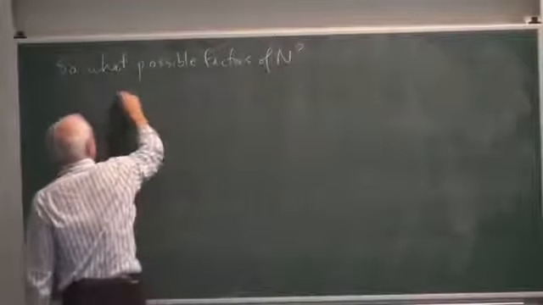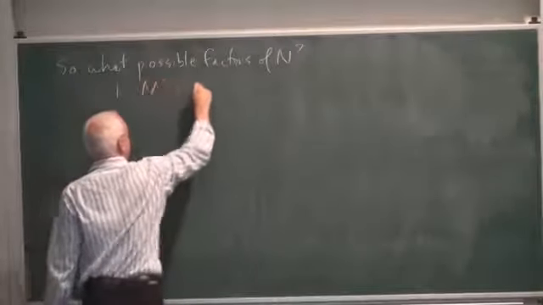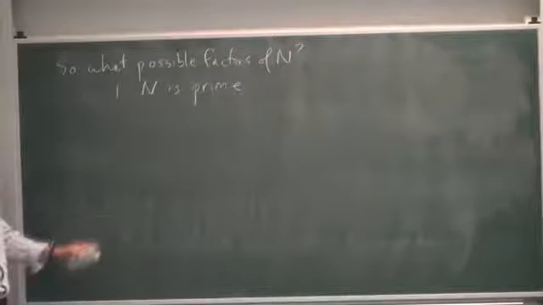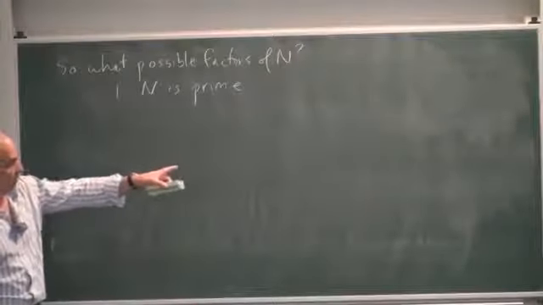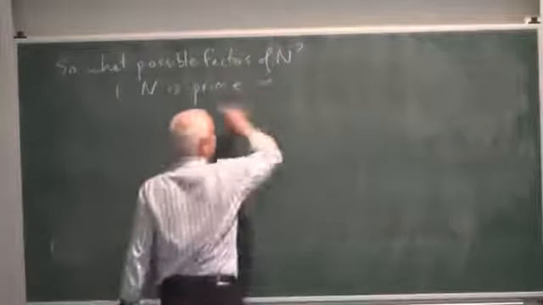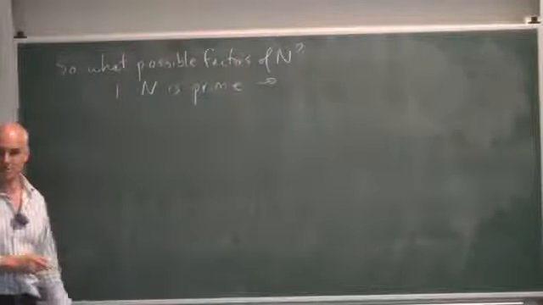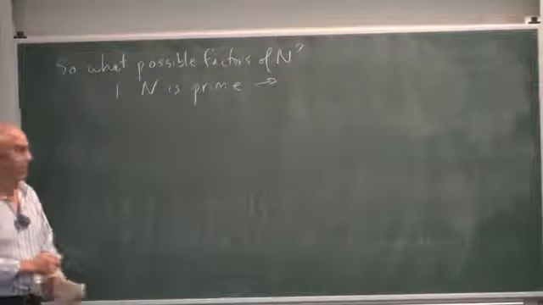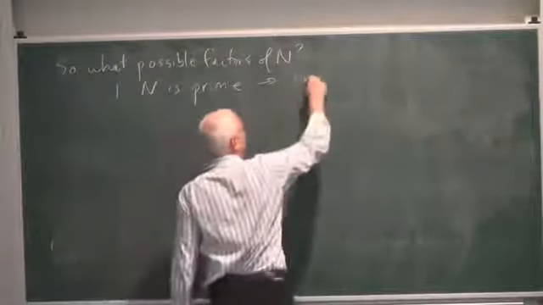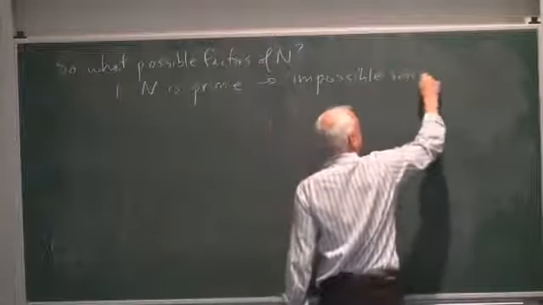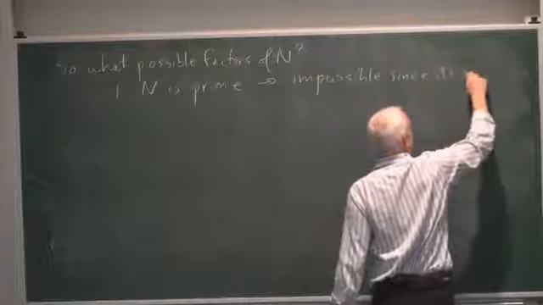Well, one possibility is that N itself is prime. But that would contradict the fact that all the primes are P1 to Pn, because this is obviously a new prime. It's obviously bigger than all of the numbers P1 through Pn. So this is impossible, since it's not on the list.